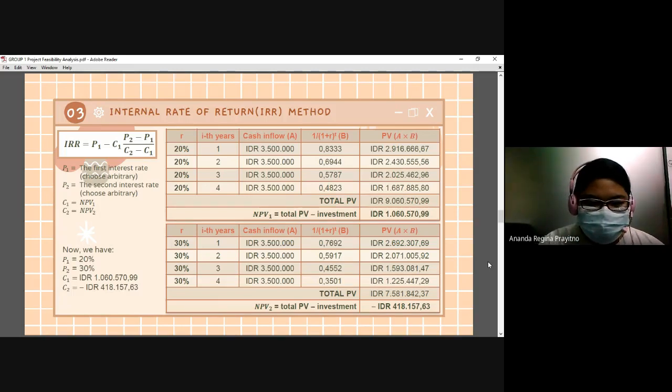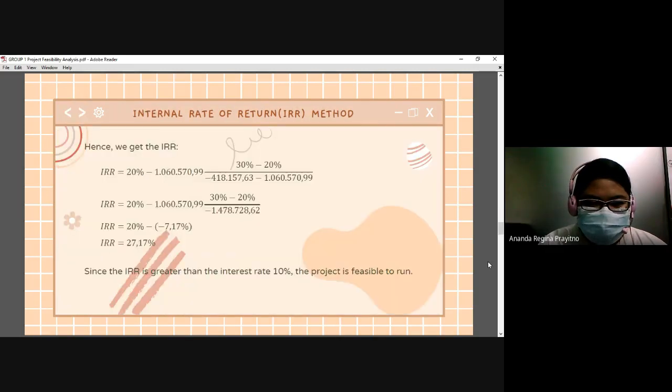Next, this is the calculation for the IRR method. We substitute into the formula and we get the IRR is 27.17%. Since the IRR is greater than the interest rate of 10%, the project is feasible to run.